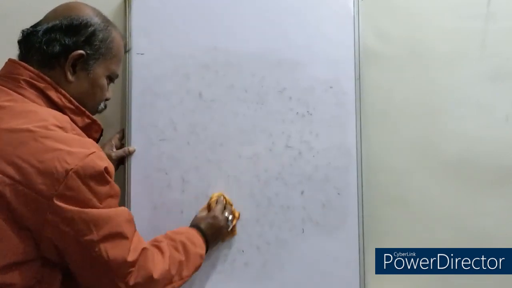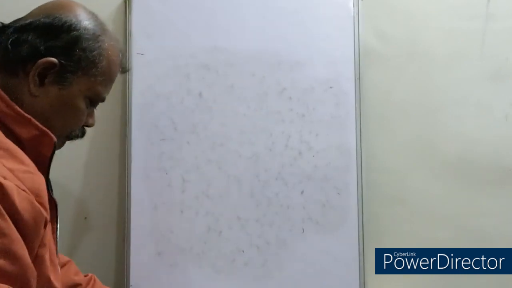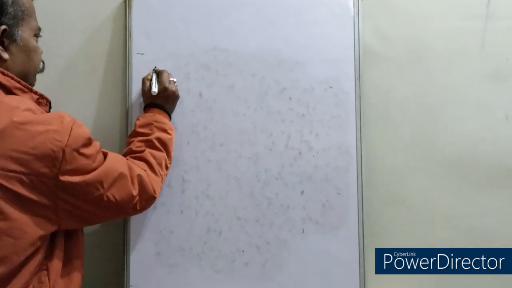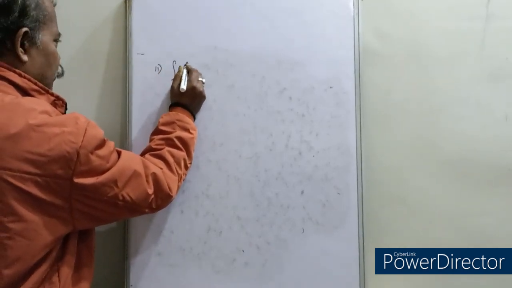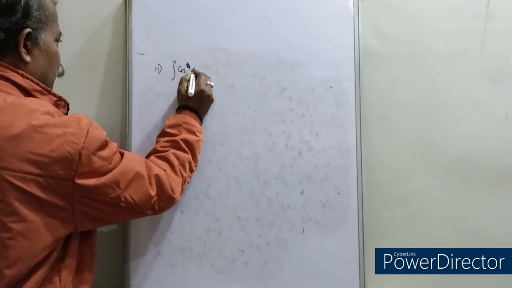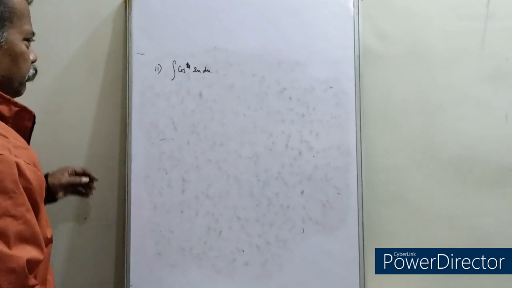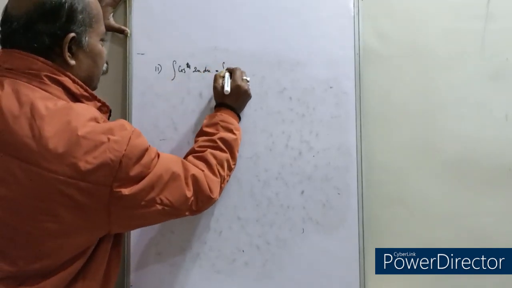That is question number 11, that is integration of cos 4 2x dx. Again, you see here what I am going to do.